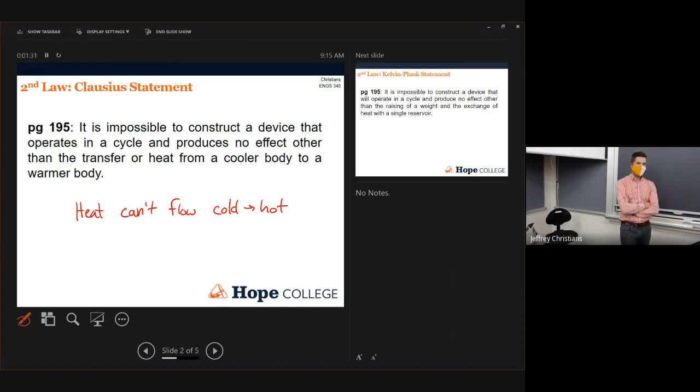That's the one that we've talked about the most, but we've run into at least one situation where it wasn't obvious that that was what we were breaking. So if you remember back to this nozzle that took steam in and shot liquid water out at 5,000 miles per hour, do y'all remember that? And we said, there's no way. You have low pressure steam coming in and you have a liquid jet of water at 5,000 miles per hour.